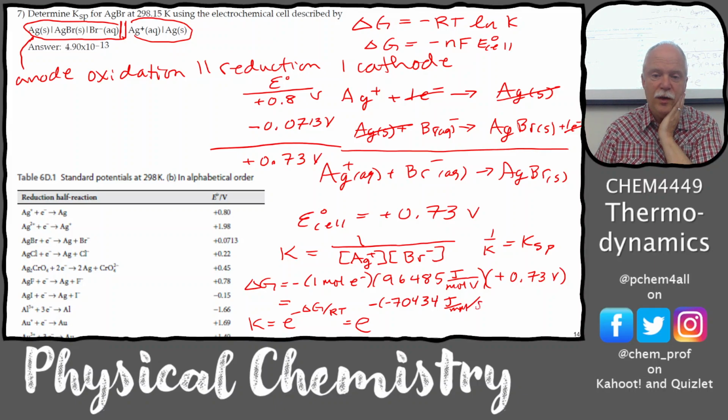So divided by 8.314 joules per mole Kelvin, and then that denominator has a 298 in it too, temperature. So it's divided by both those numbers, multiplied by each other. Okay, so that's a long calculation, but notice the negative signs cancel. That's the really important piece.